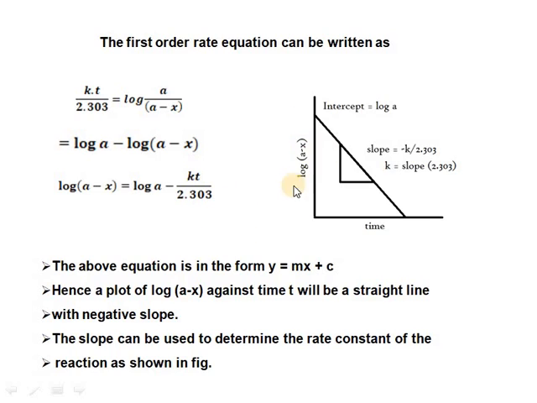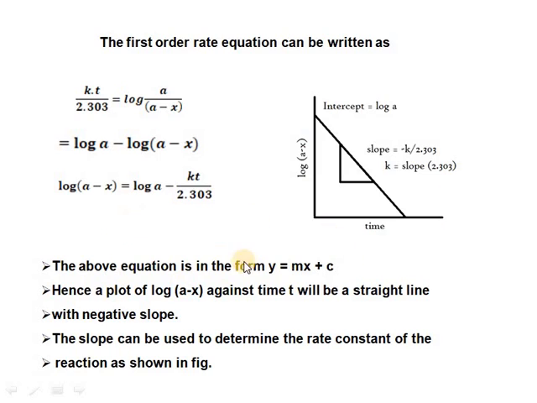From the graph of log of A minus X versus time, there should be such an intercept. This intercept is equal to log A, and therefore slope is equal to minus K upon 2.303, so K is equal to slope into 2.303.